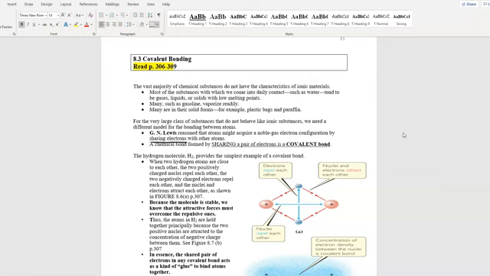Remember, ionic is about loss and gain of electrons. Someone's got to lose it, somebody's got to gain it, even though they'll have a noble gas configuration in the end. However, with covalent bonding, we're talking about sharing electrons.